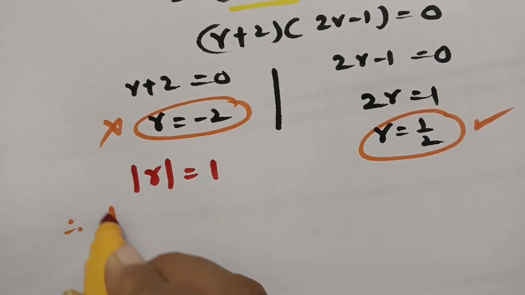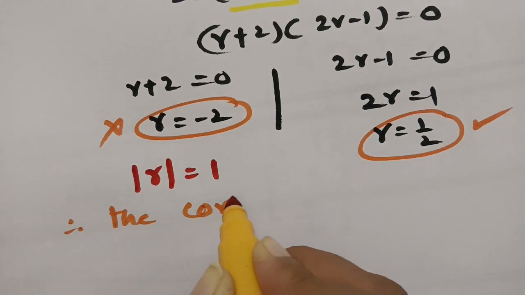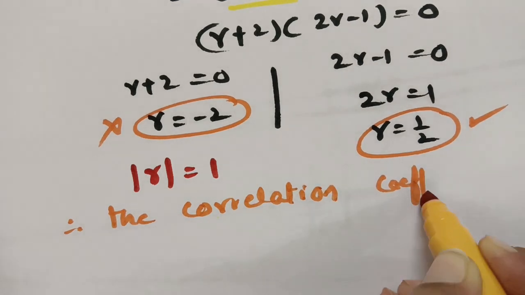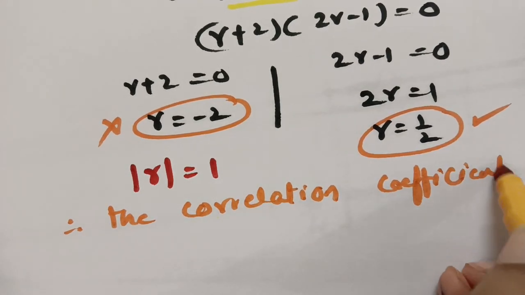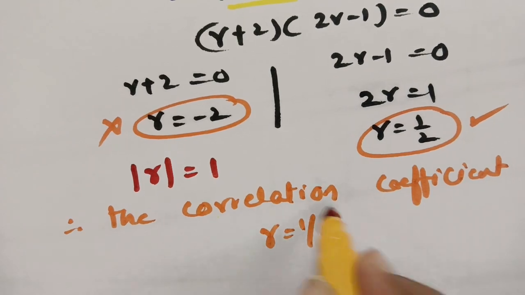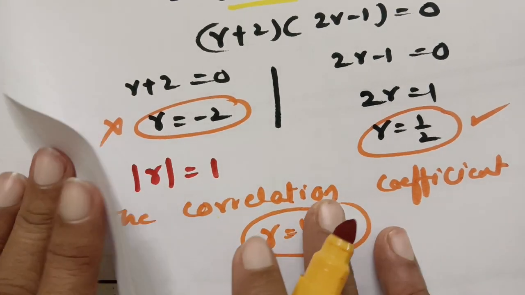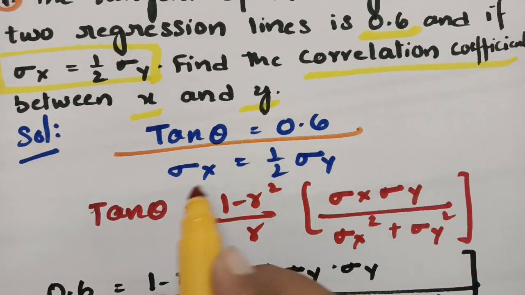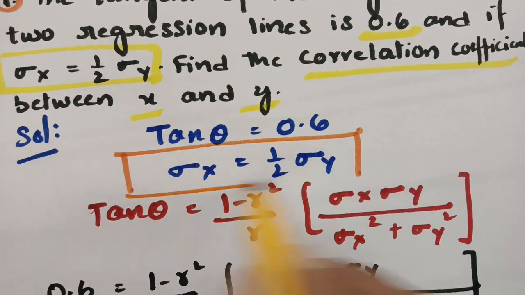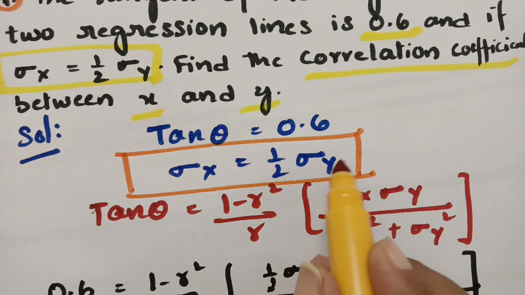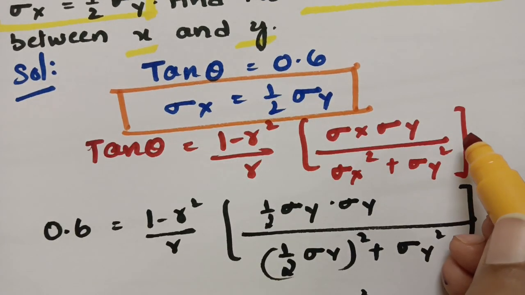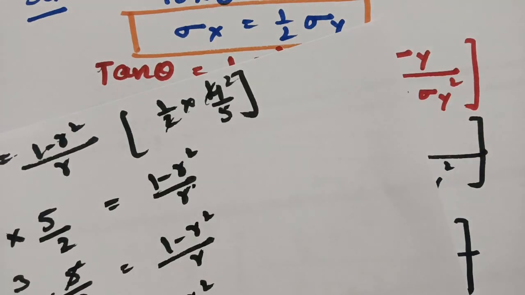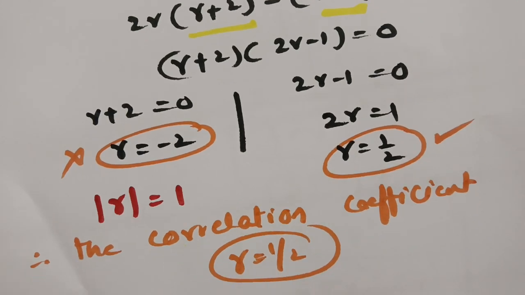Therefore the correlation quotient r is equal to half. So this is the value from the tan theta. When the tan theta value is given as 0.6 and sigma x is given as half of sigma y, then we have to use this angle between the two regression lines and substitute, so that we'll be getting the correlation quotient value as half.